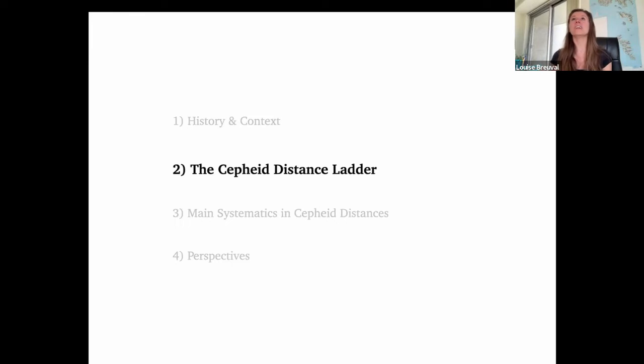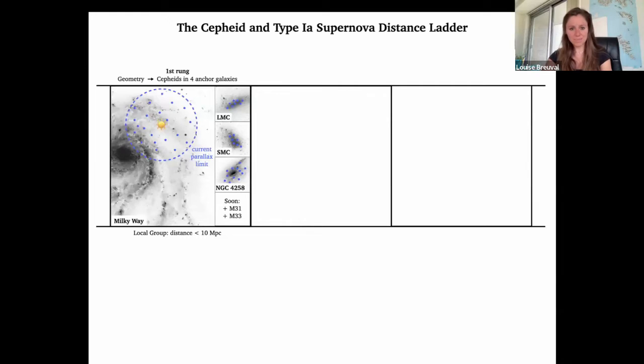So there are many other distance ladders, as you'll see in the second lecture today. But in mine, I'll just focus on Cepheids and type 1a supernovae, which is the baseline, the best understood distance ladder. So there are 3 steps, or 3 rungs. The first one is the absolute calibration of the PL relation, as I just described. So we use geometry.